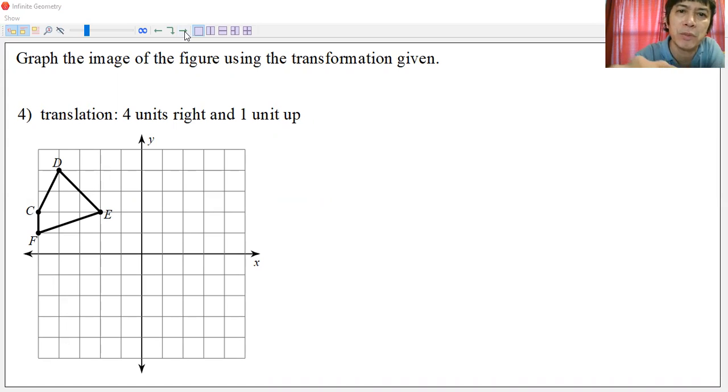So what do we mean by 4 units right? That means positive 4. So translation positive 4, and 1 unit up must be going up positive 1. That will affect the y there. So translation (4, 1) affects all points (x, y).